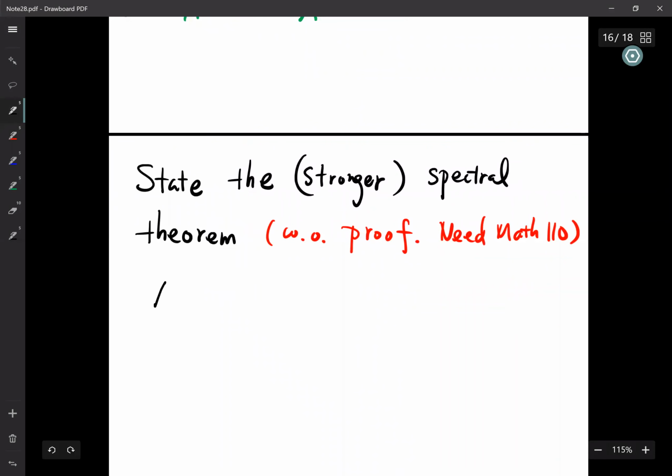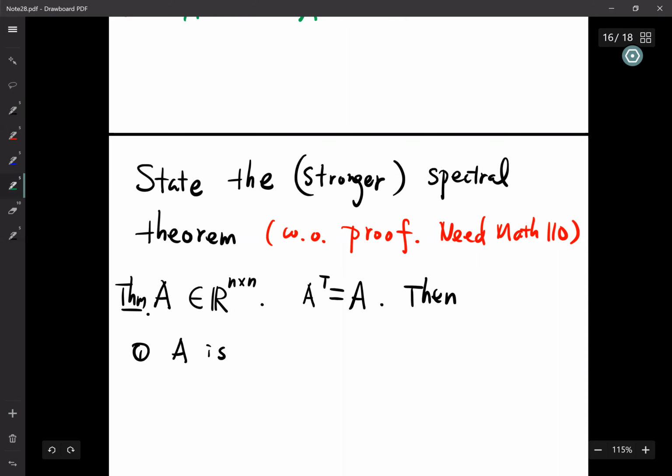Theorem: if A is real and symmetric, then A is always diagonalizable.